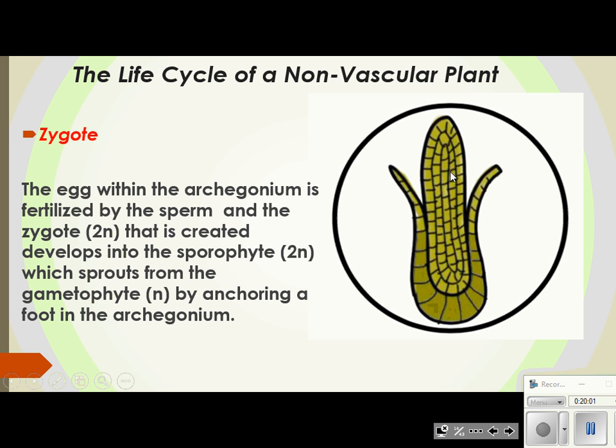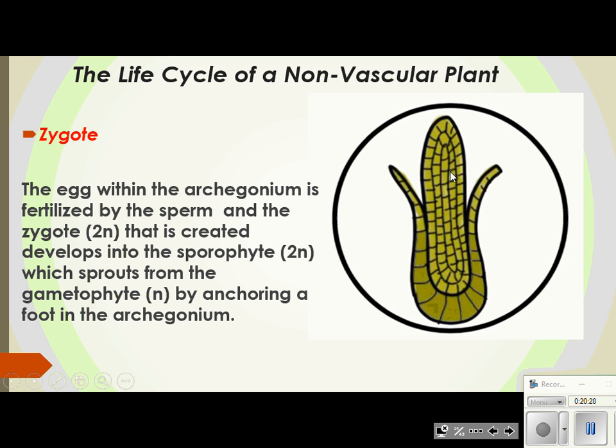Now, one important thing to remember, and I think you should know this, in terms of haploid and diploid, which is which? Which is the diploid part? Well, let's go back and remember. What's diploid? Diploid is 2N.